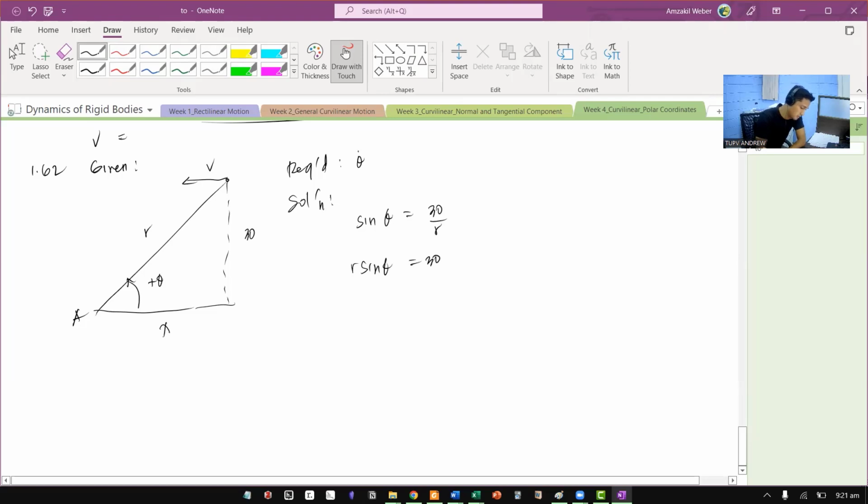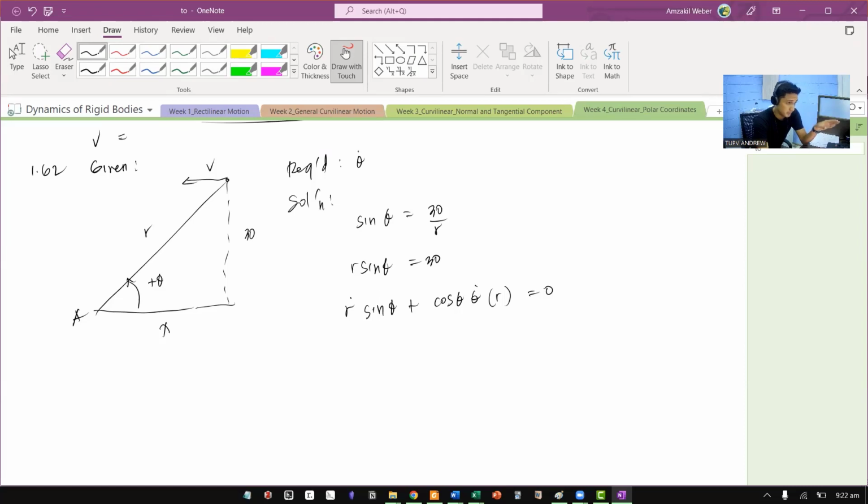Let's differentiate this. Derivative of the first times the second, plus derivative of the second times the first.